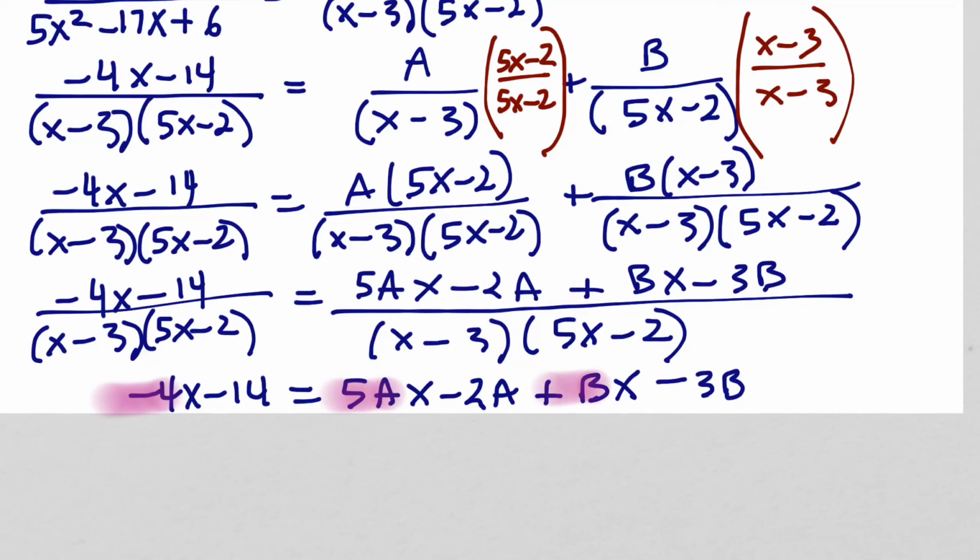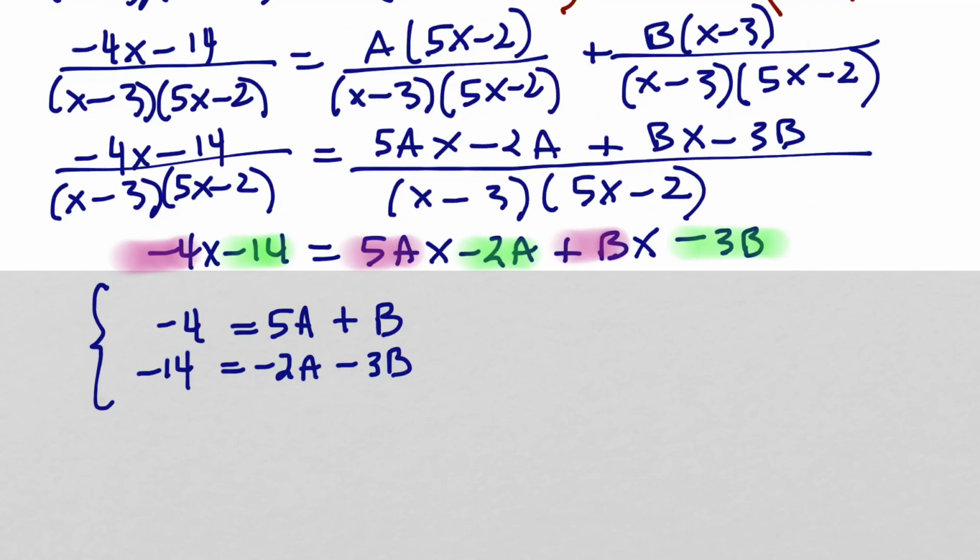And then in another color, my constant terms, negative 14 must equal negative 2a minus 3b. Now I'm going to write my system of equations. So the top equation is my pink, and the bottom equation is my green.